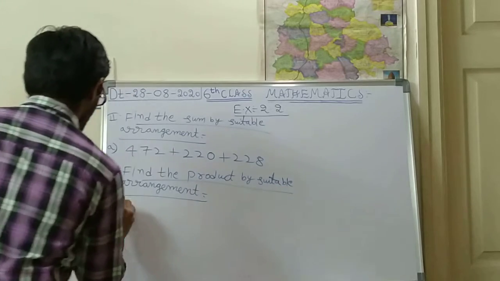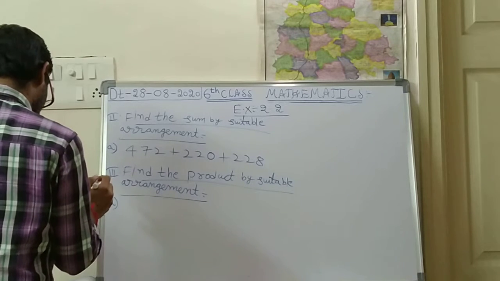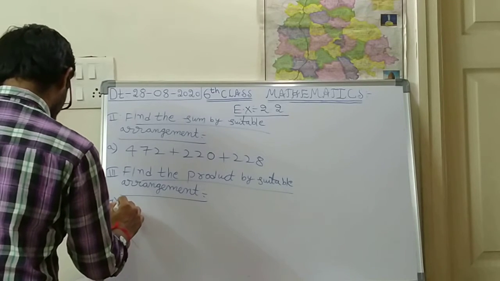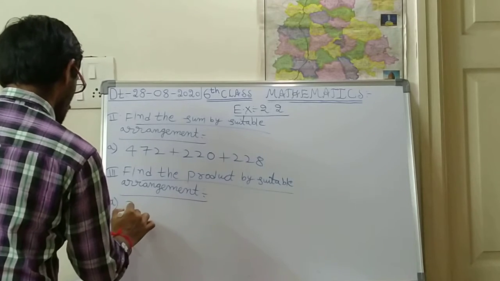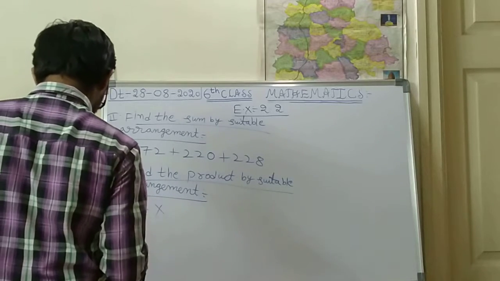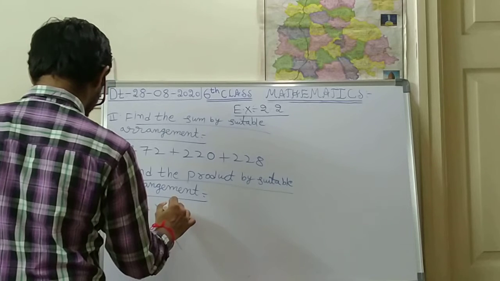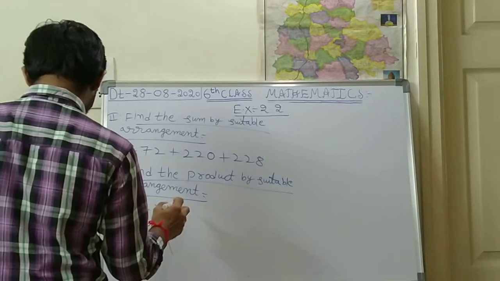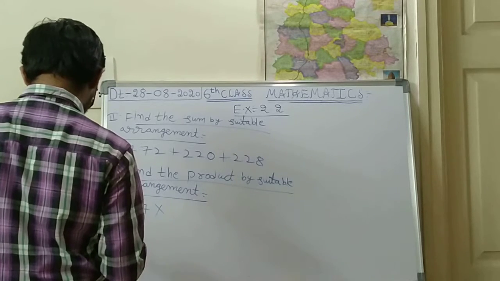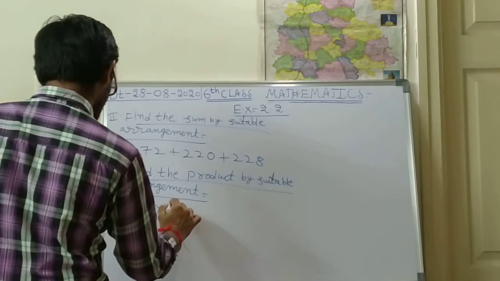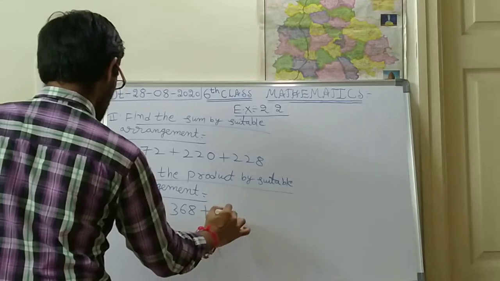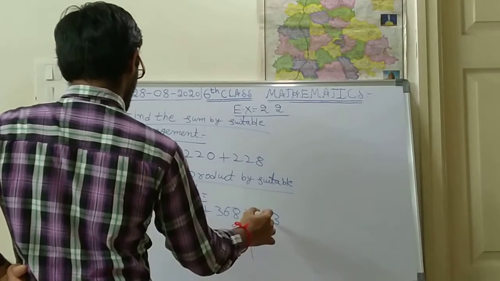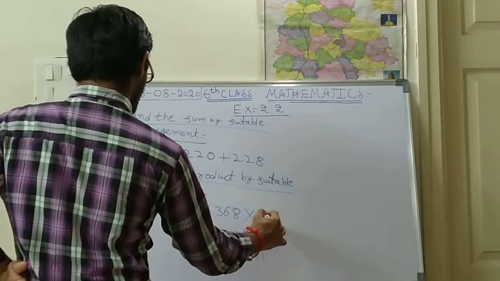Okay, first one, A, it is 27 into 368 plus 368 into 73.